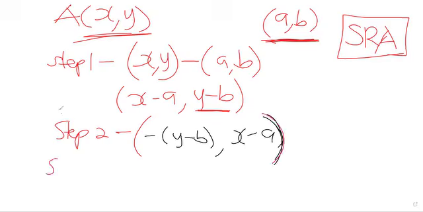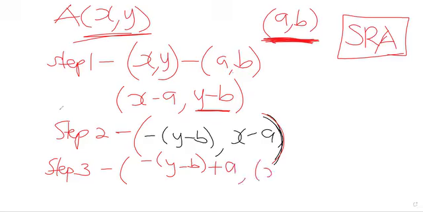Then step three, we add. Add the fixed point to the result. You see here you subtracted, so you just redo what we have done by now adding. So you now have negative (y minus b) plus a, then you have (x minus a) plus b.